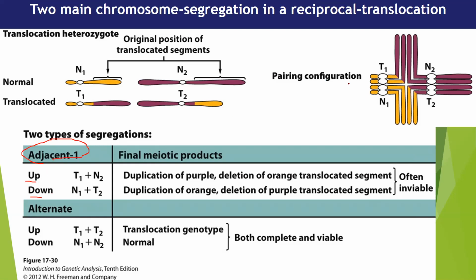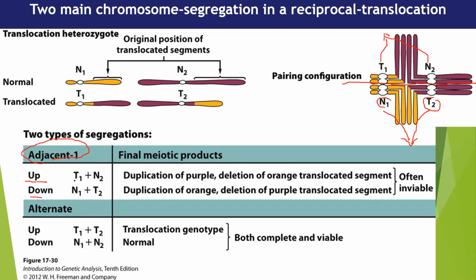So the segregation will occur like this. I'm going to draw a horizontal line to separate this. If T1 and the normal one come together to form a gamete, and on the other hand the normal one and T2, the normal one and translocation 2, come together to form a gamete, that is called the adjacent-1 segregation pattern, up and down.